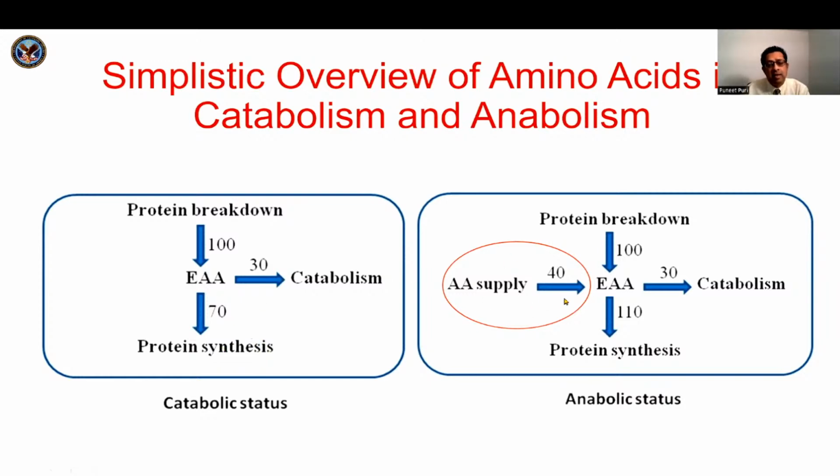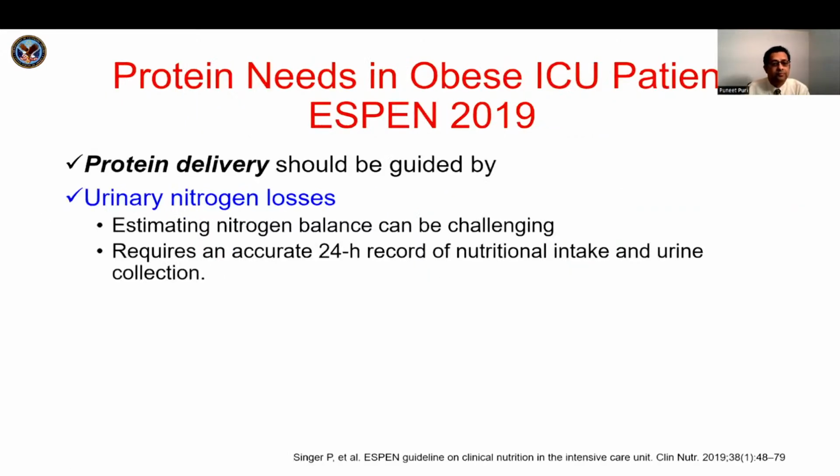So exogenous amino acid supplementation of 40% can provide an additional impetus for promoting protein synthesis and overcoming the catabolic state, translating it into an anabolic state. It's quite easily said and simplified. However, that's not as straightforward.